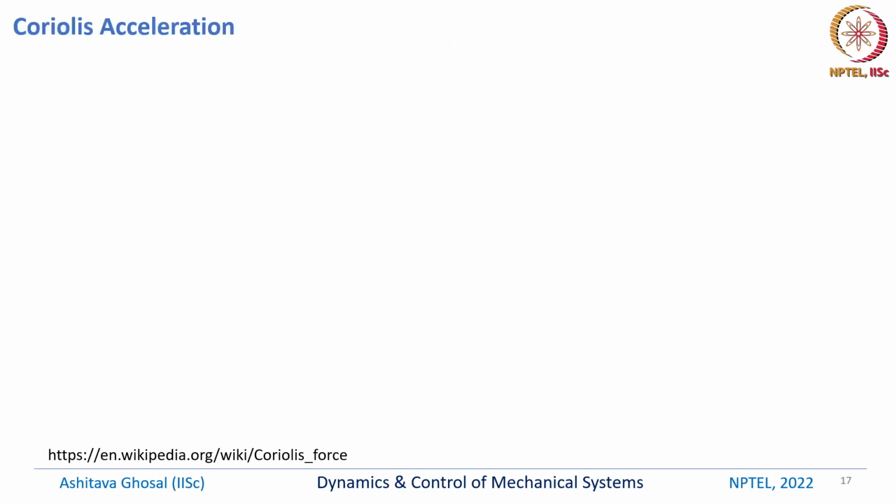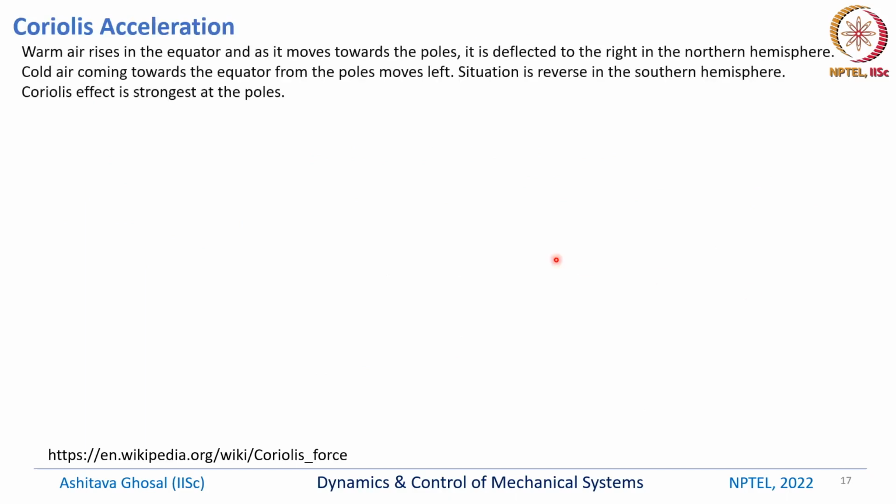Let's look at Coriolis acceleration a little bit more. So think of the Earth. Okay, so the warm air is rising at the equator, and as it moves towards the pole, why would it move toward the pole? Because it is colder there. So the warm air will go towards the colder location.